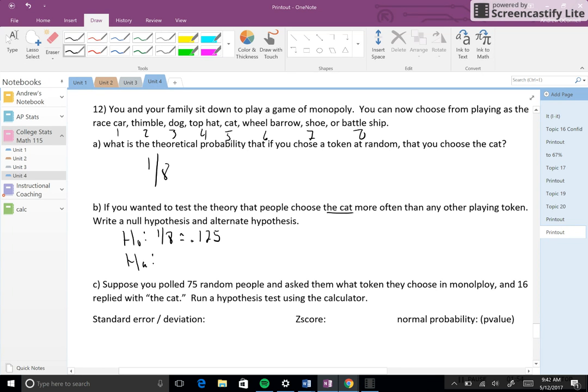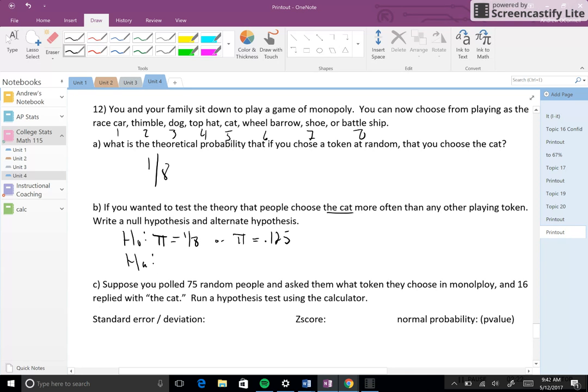The alternate hypothesis, remember, the number stays the same, 1/8. I should also add, not just the 1/8. The population proportion, the percent, is 1/8. Or pi is 0.125.